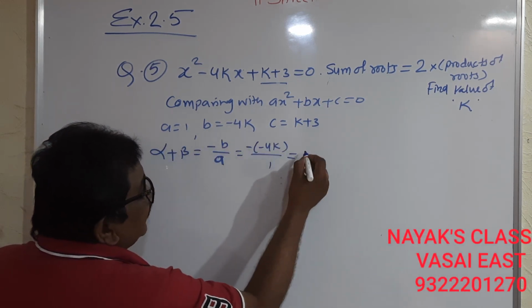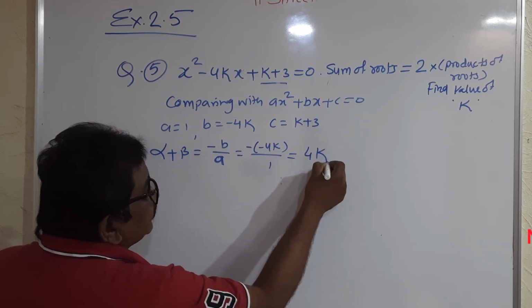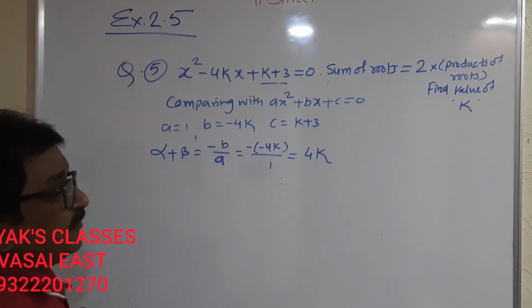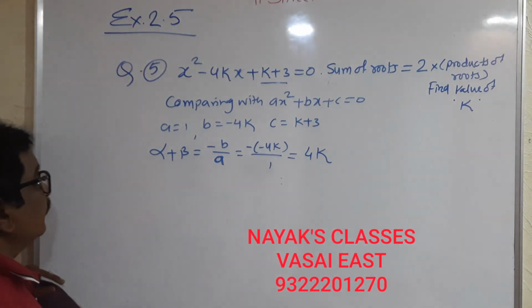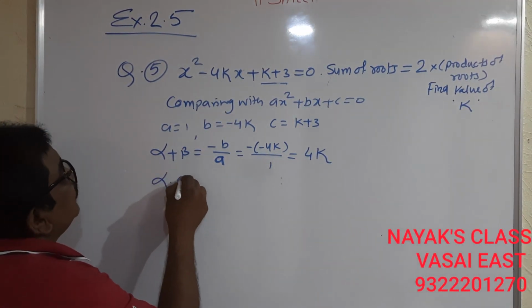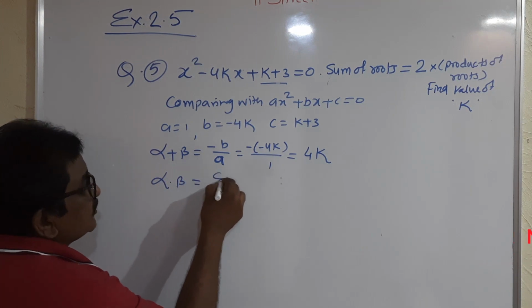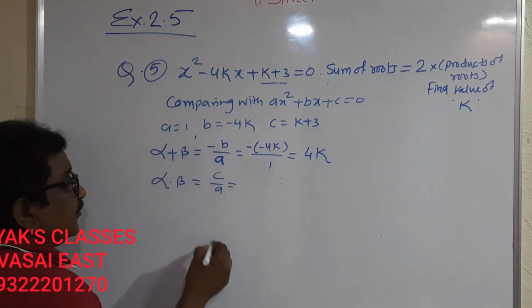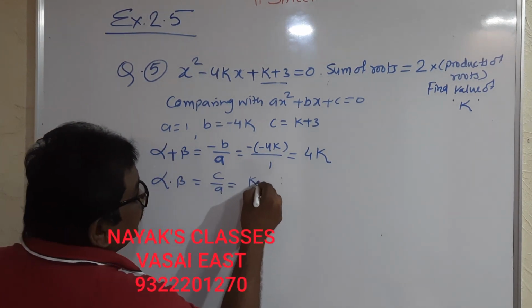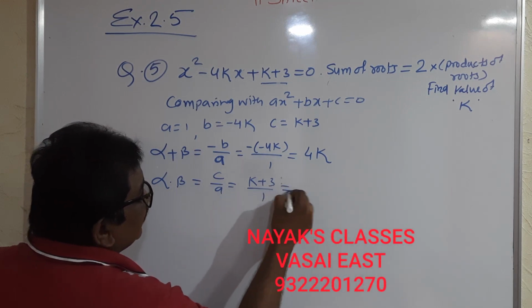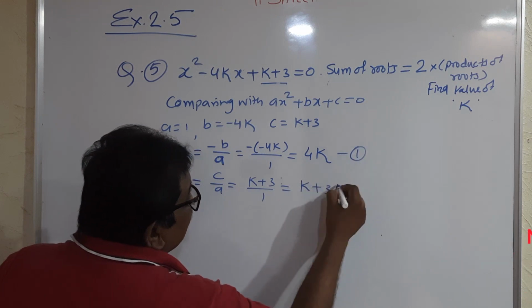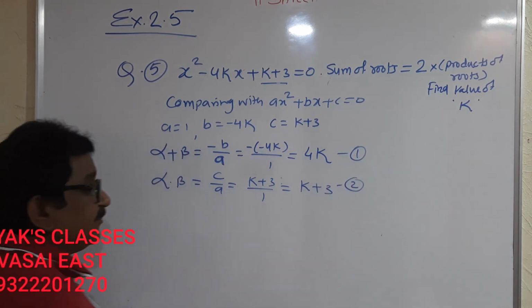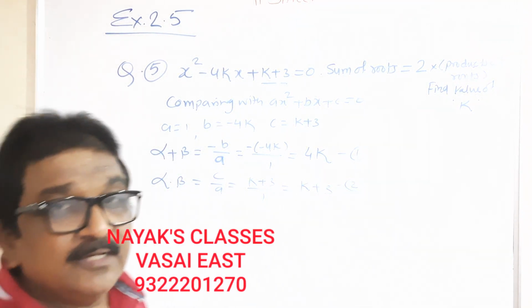So alpha plus beta is 4k. Now alpha into beta is equal to c upon a, which is k plus 3 upon 1, equal to k plus 3. Let these be statements 1 and 2.